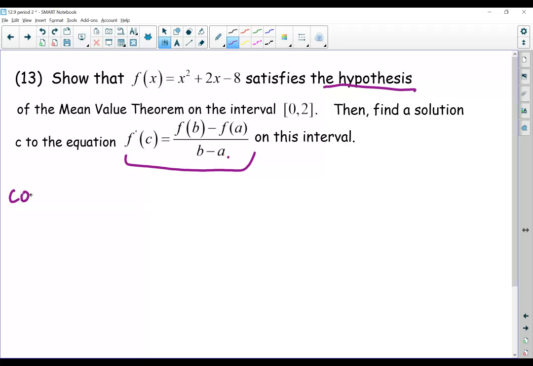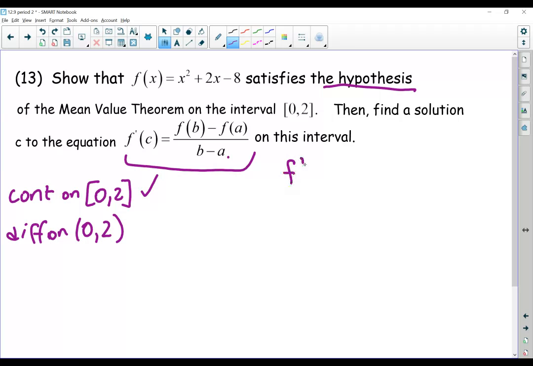So let's check. Is it continuous on [A, B], on 0 to 2? Well, yes, it's a parabola. Is it differentiable on open 0 to 2? Let's check it. If it was differentiable, the derivative would have to exist. So if I find the derivative here, I get 2x plus 2. Is that derivative continuous? Yes. Does that mean f of x is differentiable? Yes.